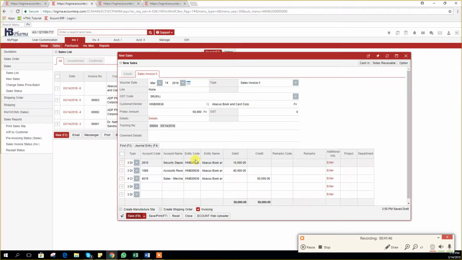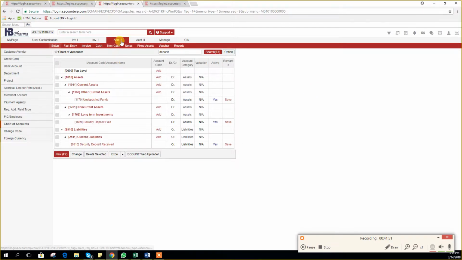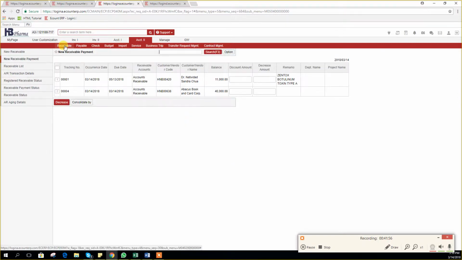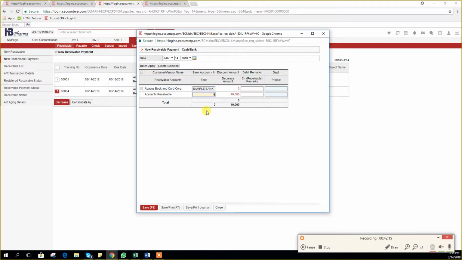So now if I were to save this, inside our receivables, will it be 40,000 or 50,000? It will be 40,000 because the deposit has already been received, the 10,000 just now, right? So when we receive the payment, we need to decrease from the bank, same thing, sample bank, and save.